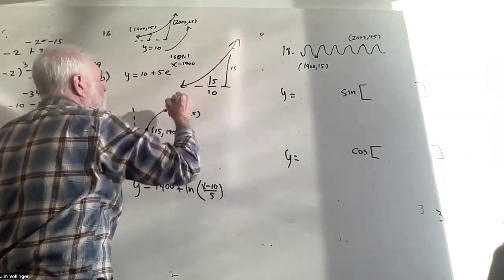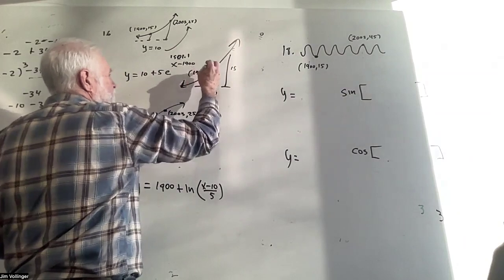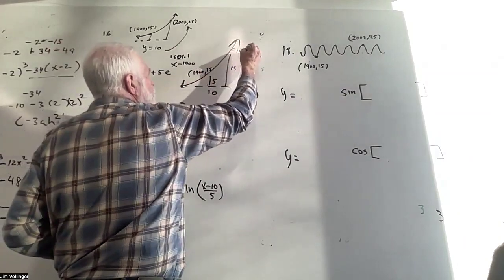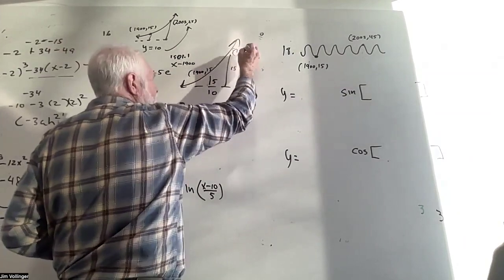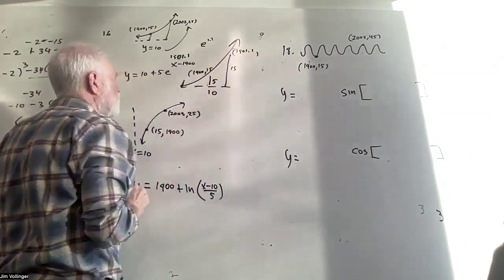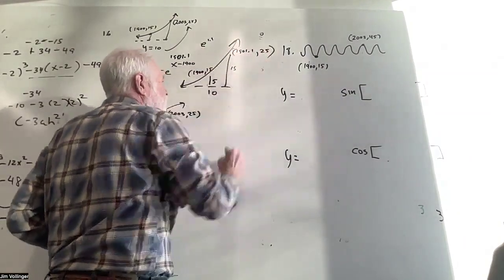So there's my graph. I've got 1900, which makes the 0, gets me 15, and 1901.1, when I subtract 1900, gets me 1.1, e to the 1.1 is 3, I get a jump of 15, I go to 25 approximate.